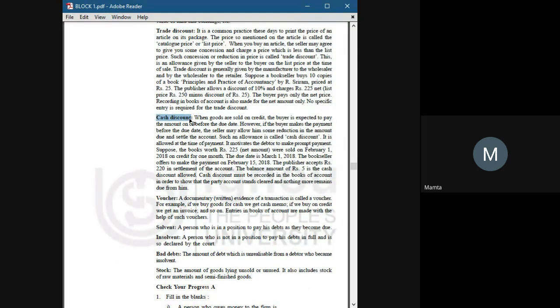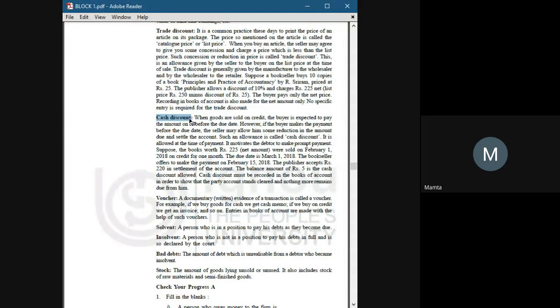you have purchased furniture for your company on credit. Now you have a due date after 5 months, but after just 1 month, you are ready to clear the payment.